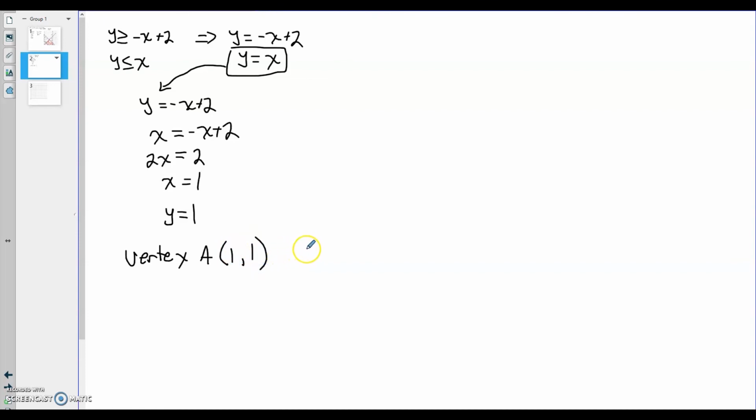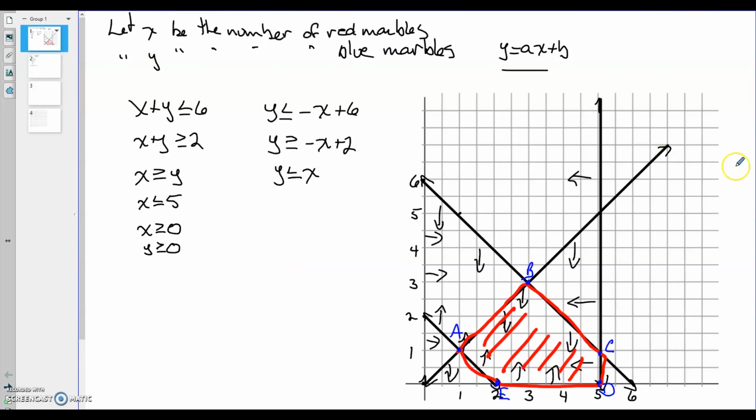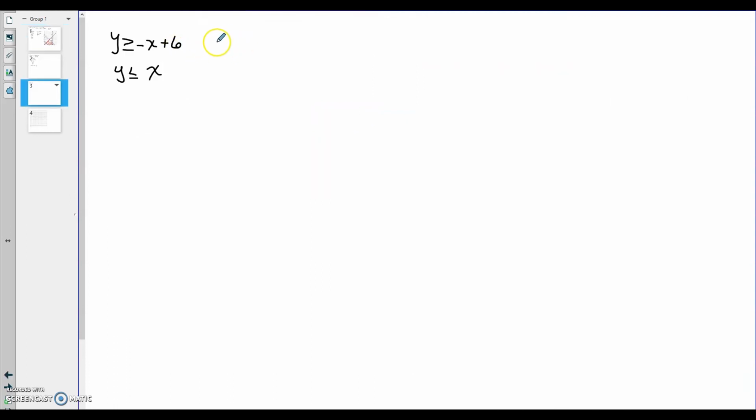Let's go ahead and look at the next vertex, vertex B. The two lines that go through vertex B are x greater than or equal to y and y less than or equal to negative x plus 6. So let's go ahead now and solve for that system of equations as well. So we follow the same approach. We take the two inequalities and we turn them into equations.